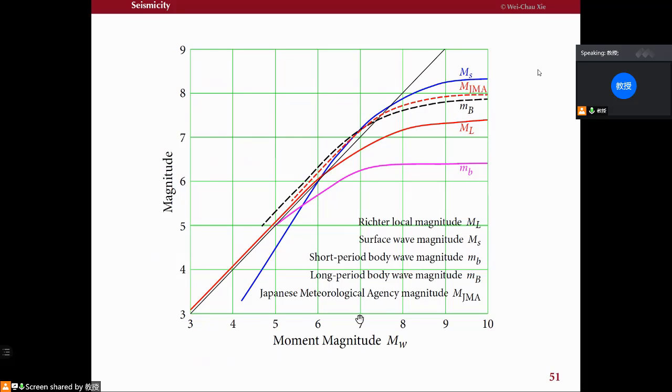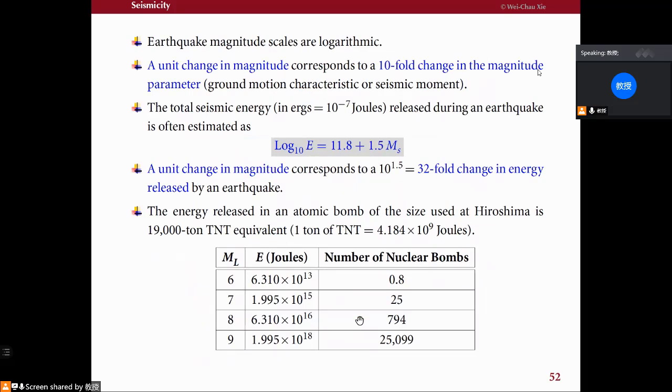Earthquake magnitude scales are logarithmic. A unit change in magnitude corresponds to a tenfold change in the amplitude parameter. The total seismic energy released during an earthquake is often estimated using this formula.